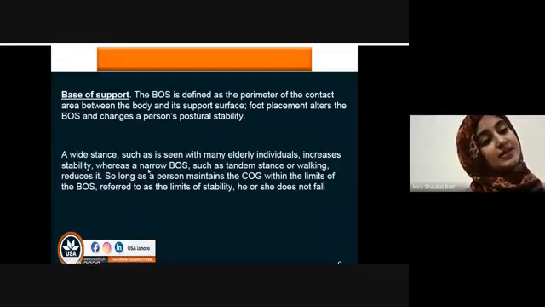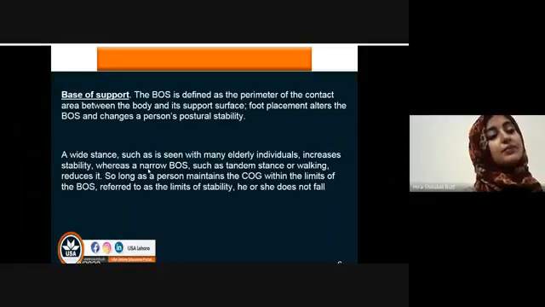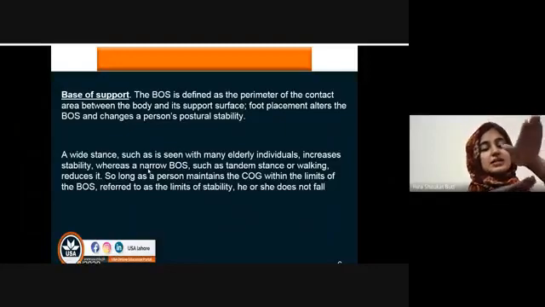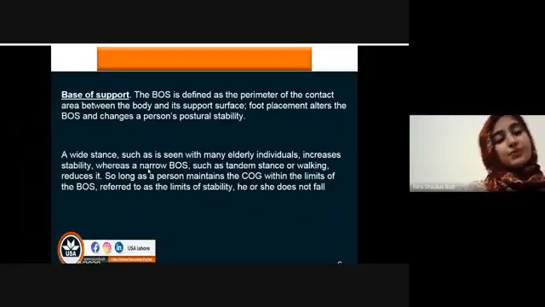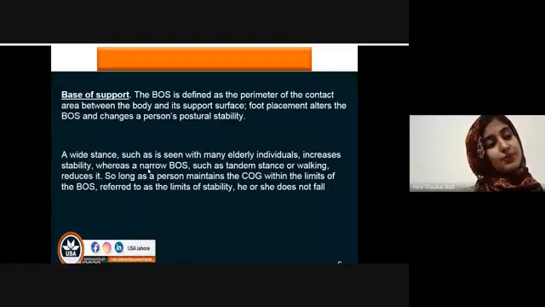A wide stance, such as seen with many elderly individuals, increases stability, whereas a narrow base of support, such as in the tandem stance or walking, reduces it. As long as a person maintains the center of gravity within the limits of the base of support, it is referred to as the limits of stability. He or she does not fall.